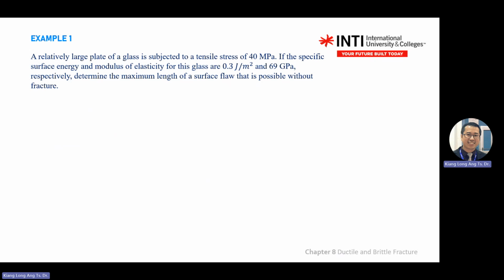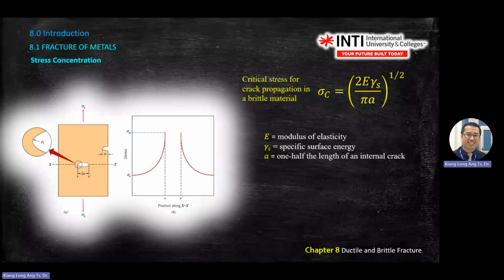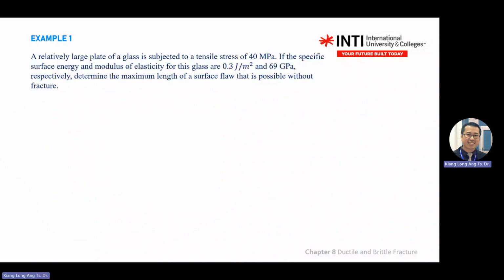It gives you a relatively large plane of glass. Glass, you know, is brittle. It is subject to a tensile stress of 40 megapascal. You put your answer in pascal, so convert the capital M mega into 10 to the power 6 in your calculation.